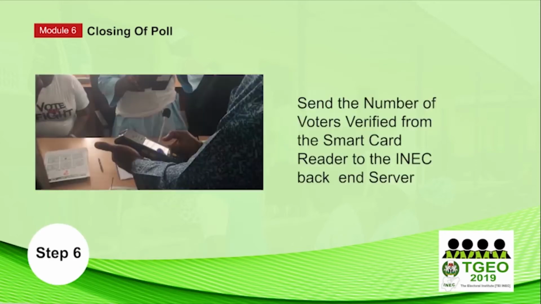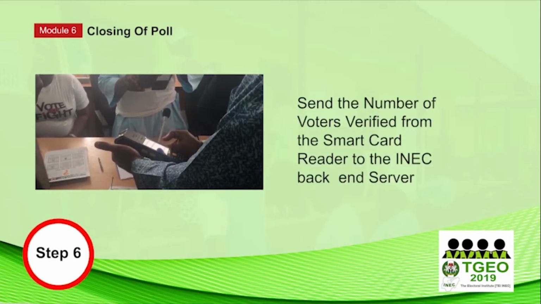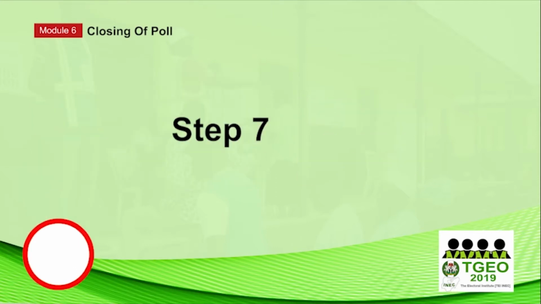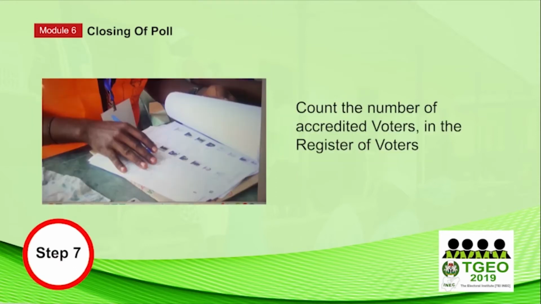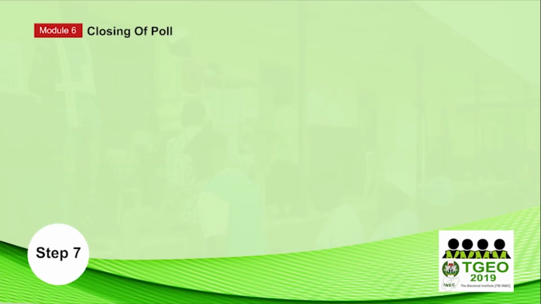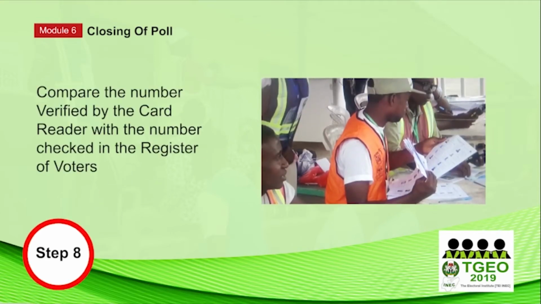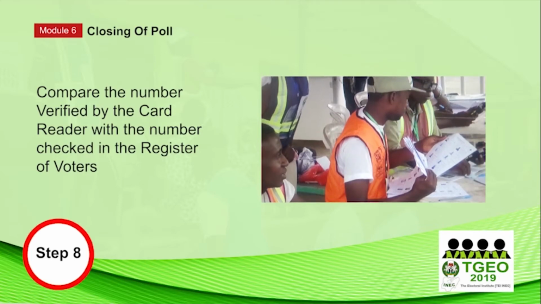Step 6. Send the number of voters verified from the smart card reader to INEC back-end server. Step 7. Count the number of accredited voters in the register of voters. Step 8. Compare the number verified by the card reader with the number checked in the register of voters.